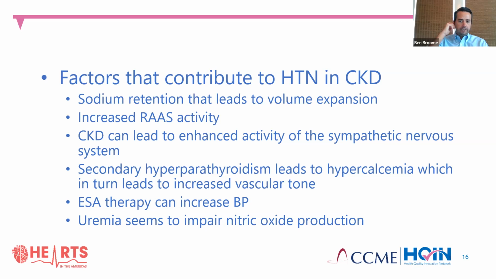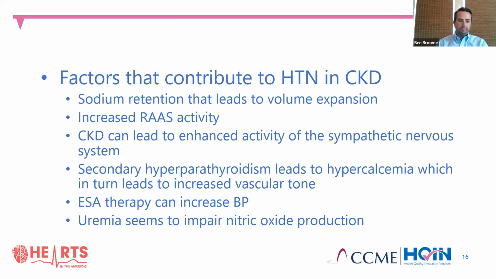Chronic kidney disease overall just leads to enhanced activity of the sympathetic nervous system. And in later stages of CKD, patients often will develop a secondary hyperparathyroidism. This can lead to hypercalcemia, which in turn leads to increased vascular tone and increased blood pressure.